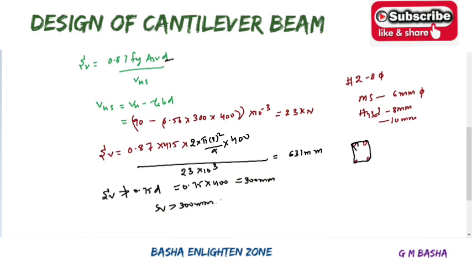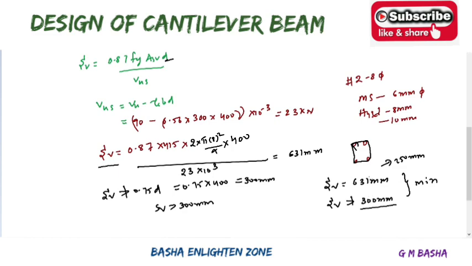So here, after finding spacing based on the formula, you will get Sv will be equal to 631 mm. But according to our condition, as per IS, your spacing should not be greater than 300 mm. So provide the minimum. If your Sv is equal to some 250, you can provide that only according to the formula.